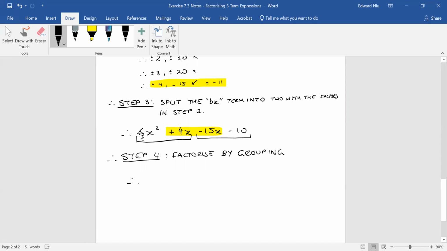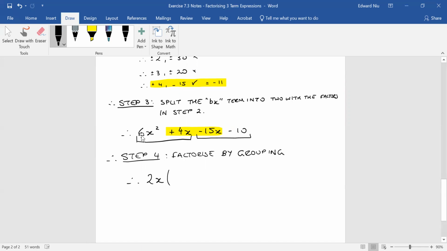We can see there's actually a common factor and it's x. In fact, we can also take out a 2, since the highest common factor of 6 and 4 is 2. And there's a common x between the two. And we always take out the lower power. So this means 2x times what gets us 6x?